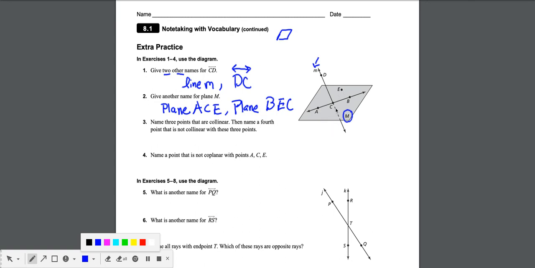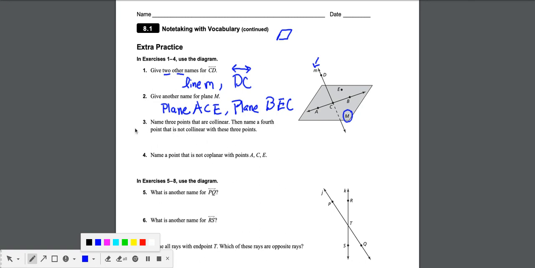But 3 points, not on the same straight line, that says not collinear, and they're in that same plane. So we wouldn't want to use point D, for example. So there's lots of different options you could put right there.